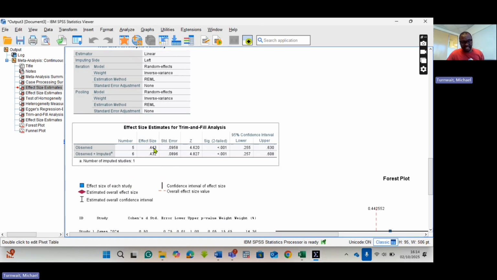There is a slight difference in the effect size between the observed, which is 0.443, and 0.432.